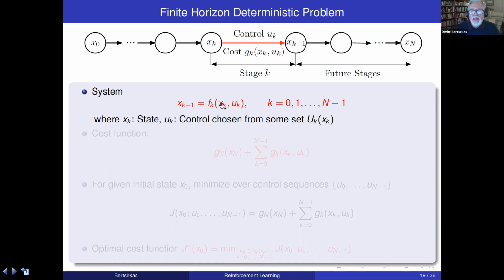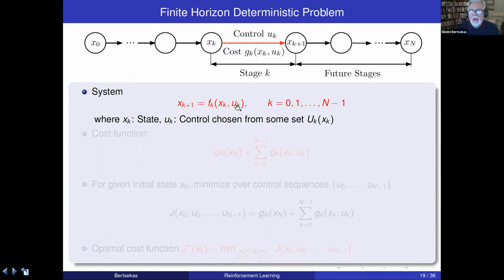In other words, if I give you the state and I give you the control, it is certain that you're going to get this next state given by this function of state and control. There is no uncertainty about the outcome of the transition, by contrast to stochastic problems, where we'll introduce uncertainty. So that's what we mean by a problem being deterministic.